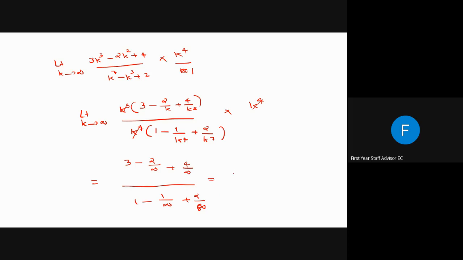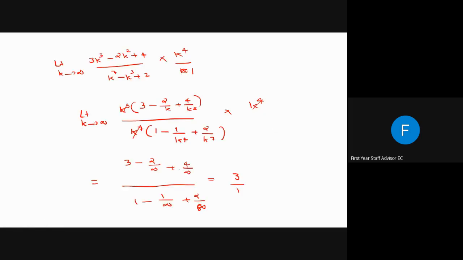That means 3 by 1. This is a finite quantity, finite value.